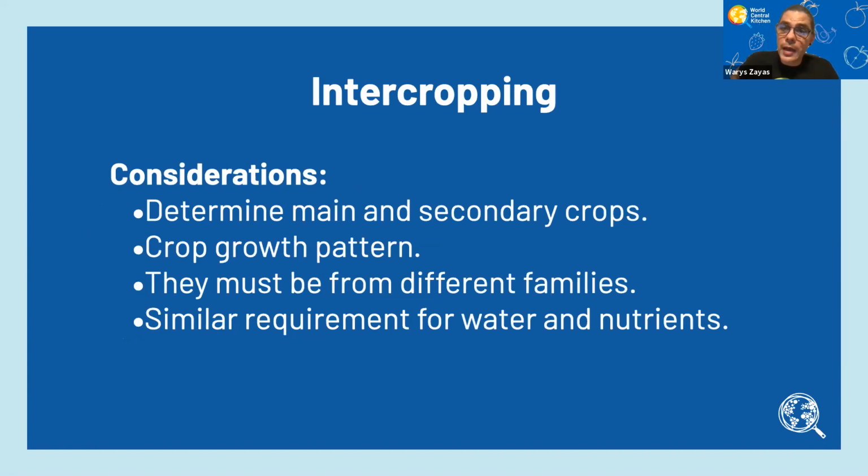What consideration do I need to have when designing my planting using this technique? It is to determine the main and the secondary crops. Your main crop could be corn, for example, and the secondary crop could be beans.